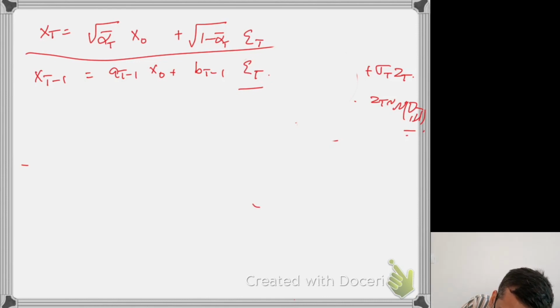Now let's see what the mean of x_{t-1} is. Firstly, x_{t-1} is x naught, which is fixed, plus some linear combination of epsilon_t and z_t.